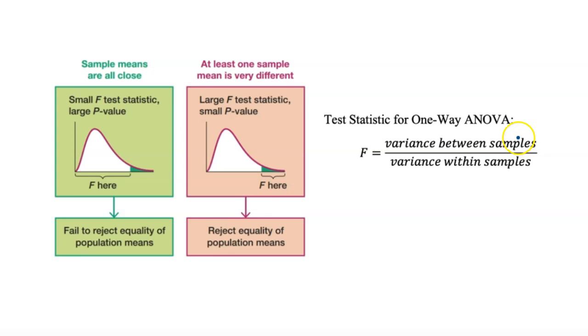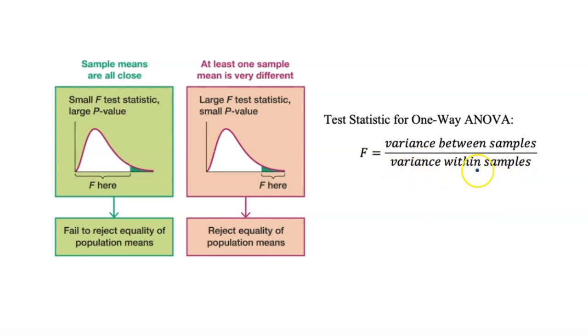Now for our test statistic for one-way ANOVA, because we're using the F distribution, this is naturally going to be an F test statistic. And we're comparing the variance between samples and the variance within samples. Let's think about it this way.